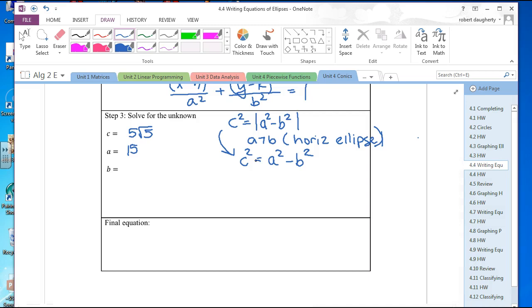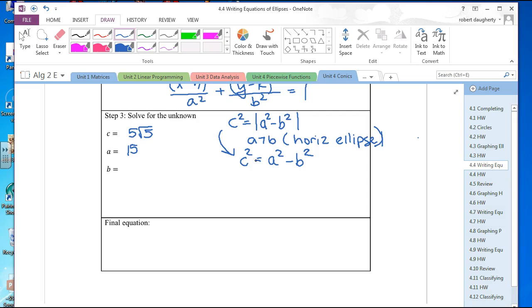In this case, A squared minus B squared is what kind of number? A negative number, okay? So it would tell me that my answer here would be C squared is equal to the negative of that when I get rid of the absolute value. So it's B squared minus A squared, okay? And so what's the difference here? 36 minus 49, negative 13. So same thing you would get here. You would get 49 minus 36, okay?